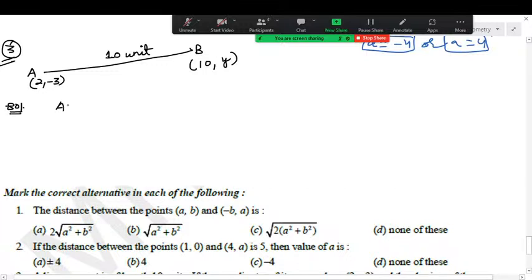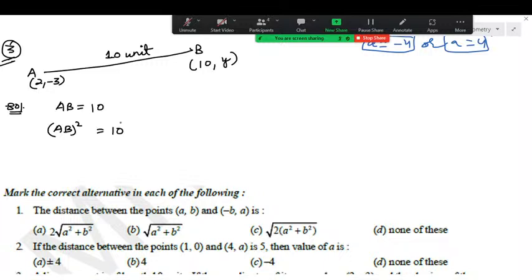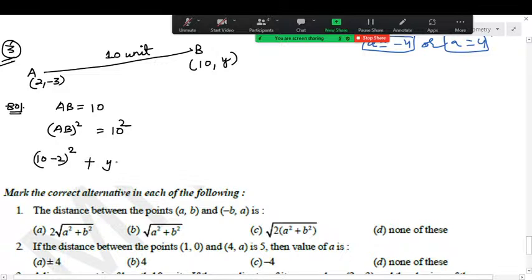And we are given with AB being 10. That's why AB square is going to be 10 square. That is why we can directly write (10 minus 2) whole square plus (y minus minus 3) whole square equal to 100, right?